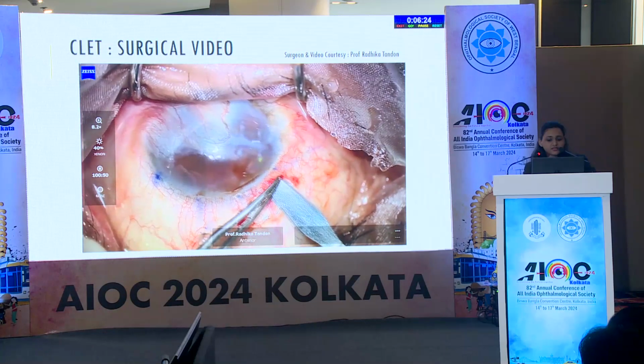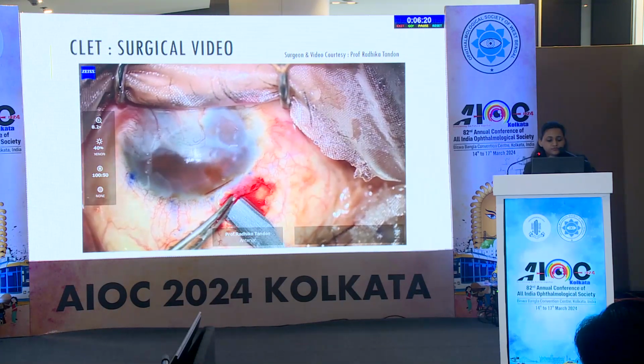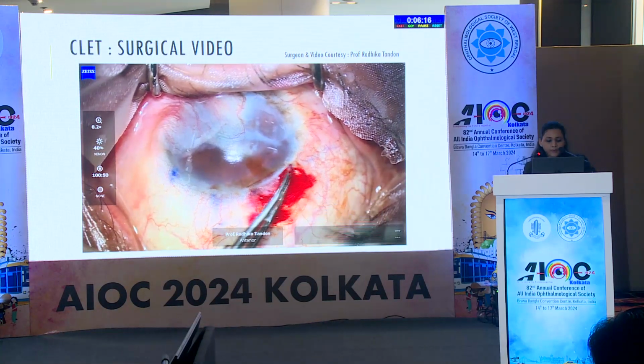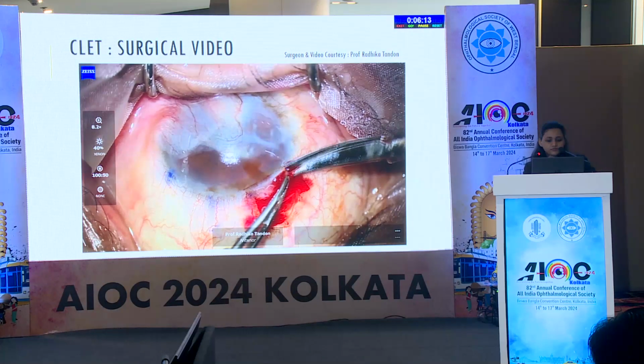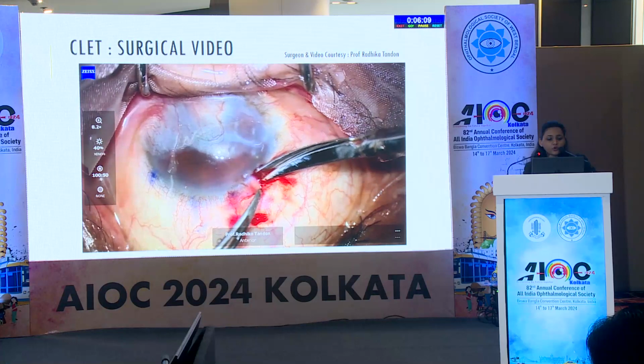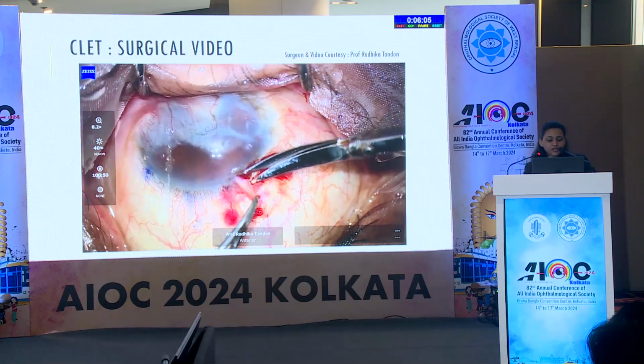We're using Vannas scissors here and then a crescent knife for dissection. This specimen is then sent to the lab for growing the limbal stem cells onto the amniotic membrane graft.